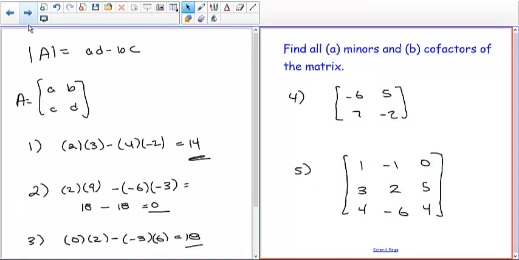Now when you get to 3x3 matrices, you've got to do a whole different thing. So minors, when it relates to a 2x2, this is the minor, and it's the cofactor.